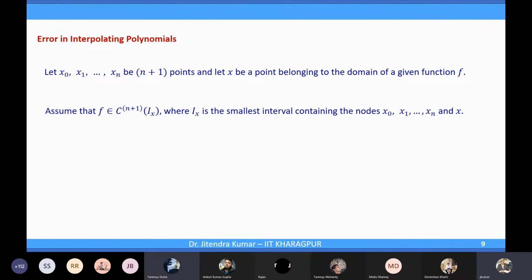Can you please explain again what is the meaning of C n plus 1? I didn't get that. This means that the function is differentiable up to the n plus 1 th derivative, so the n plus 1 th derivative you can compute. If we just say f belongs to C, that means the function is continuous.